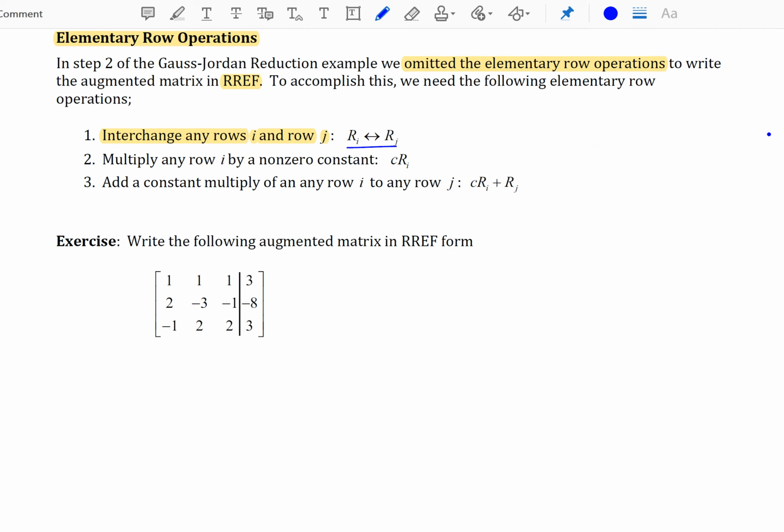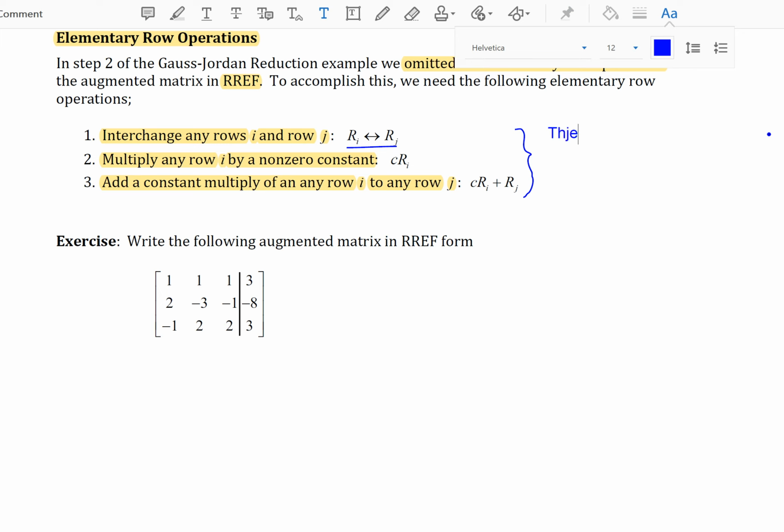Okay. Next, we can multiply any row i by a non-zero constant. And we can add a constant multiple of any row i to any row j. Now these steps that we're performing should seem familiar to you.